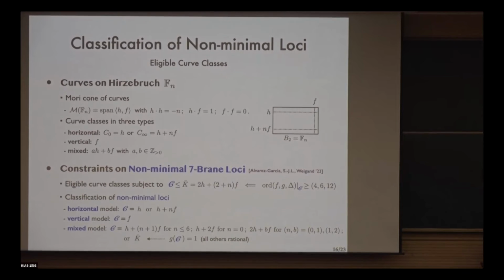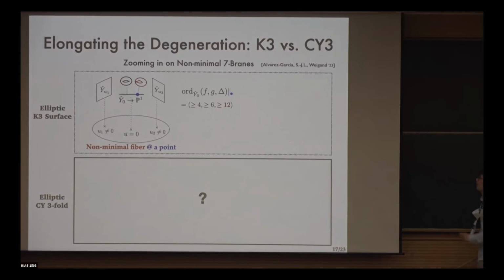Okay, so this is how we classify the curve classes of the non-minimal seven-branes. And then now we start elongating the degeneration. Again, in comparison with the K3 case.